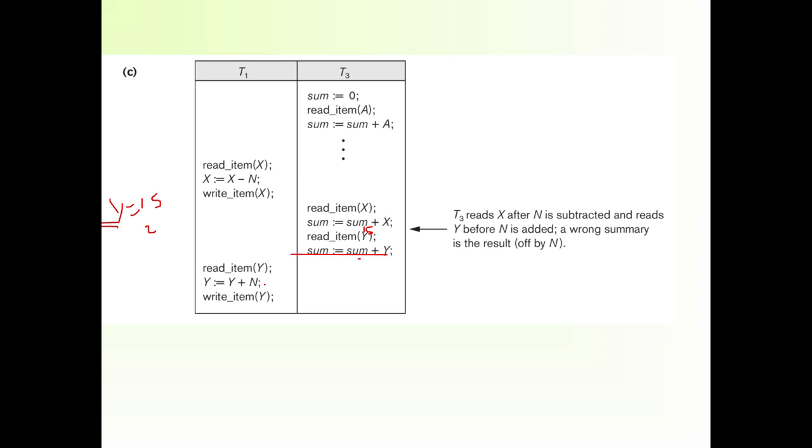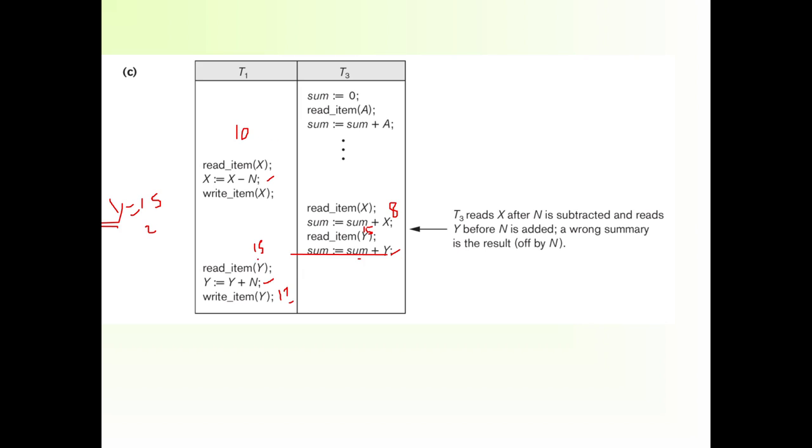After adding, if I update y, the new value for y is 17, but the sum is not reflected for the 17, it is reflected for the old value. But for x, the new value is 8 and the old value is 10. Then the summary you get is incorrect.